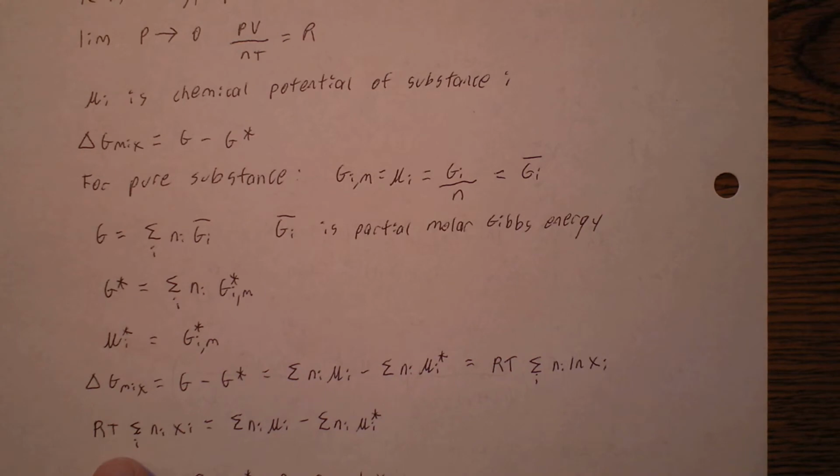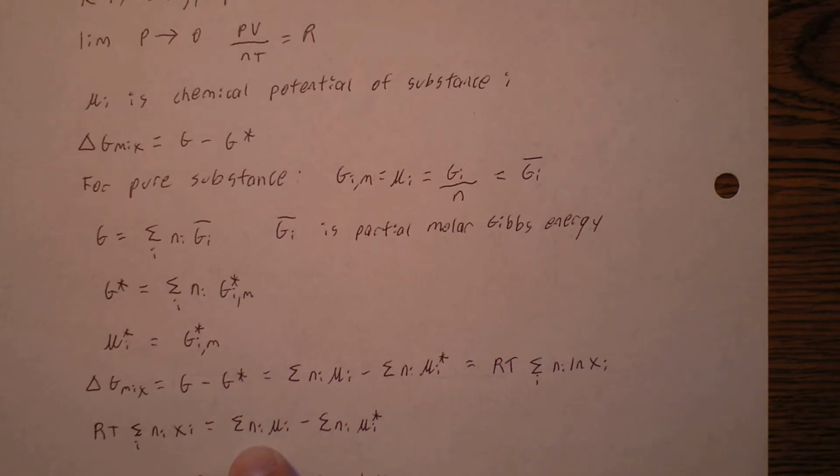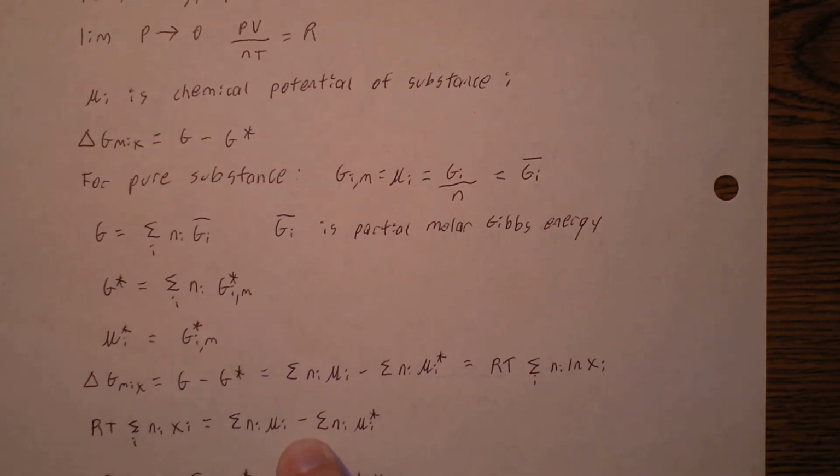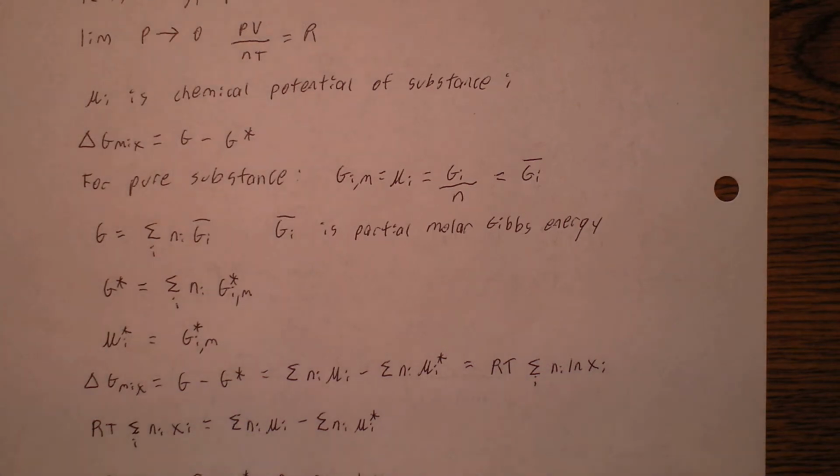So we get RT times the sum over all substances i of the number of moles of substance i times the natural log of the mole fraction of substance i, and that's equal to the sum over all substances i of the number of moles of substance i times the chemical potential of substance i, minus the sum over all substances i of the number of moles of substance i times the unmixed chemical potential of substance i.